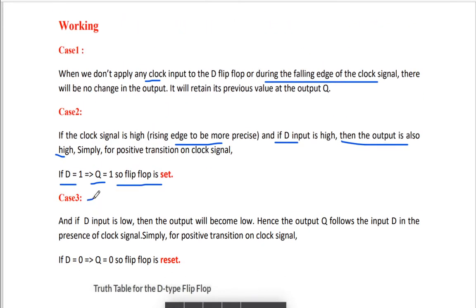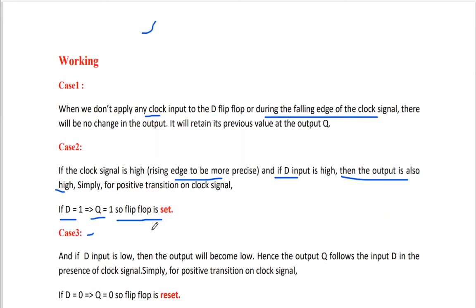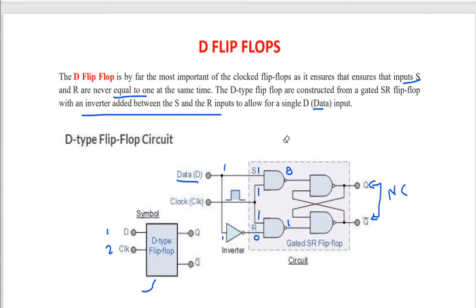In case 3, when we have D input as low, what will happen? S input is going to be 0. Here 0 is going to come, and R input you are going to get as 1. Now what happens? The lower NAND gate will produce a low output, whereas the upper NAND gate will produce a high output.